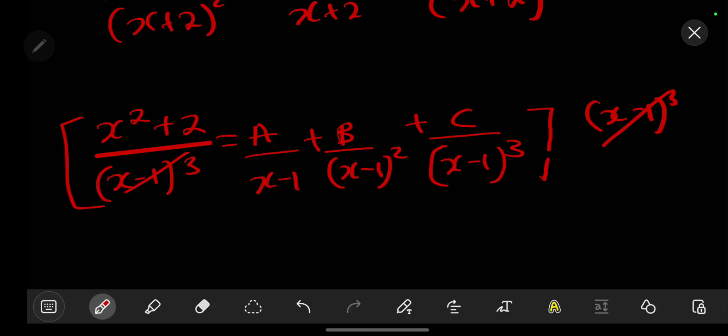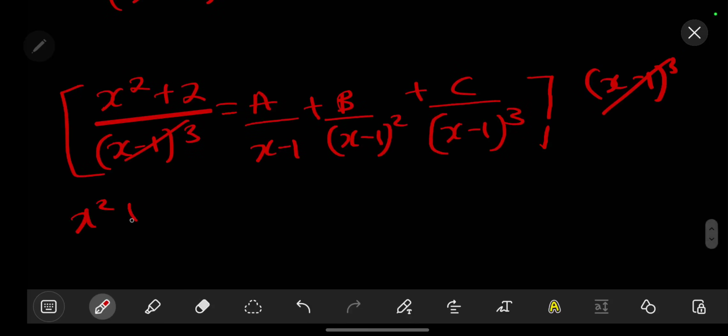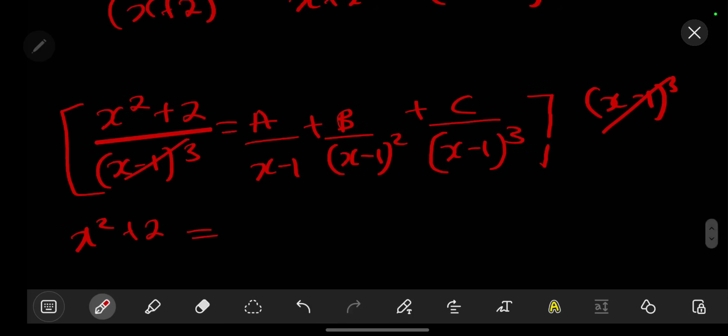We are going to get x squared plus 2 should be equal to x squared times (x minus 1) to the power 3.